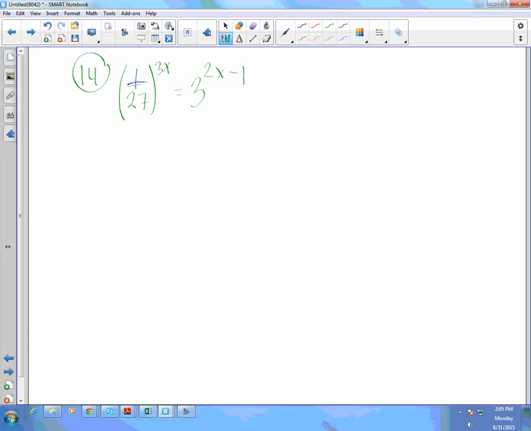So I think we can get a 3 out of the 27, can't we? 3 to the power, but since the 27 is in the denominator, we have to go 3 to the negative third power, all raised to 3x, equals 3 to the 2x minus 1. So power to a power, we multiply the negative 3 and the 3x. So we have negative 9x equals 2x minus 1. At this point, we can just set the exponents equal.